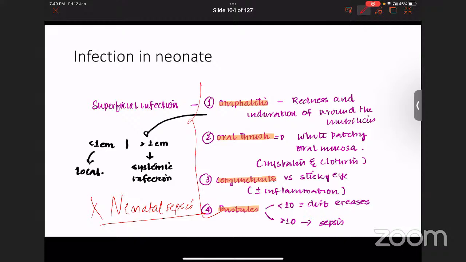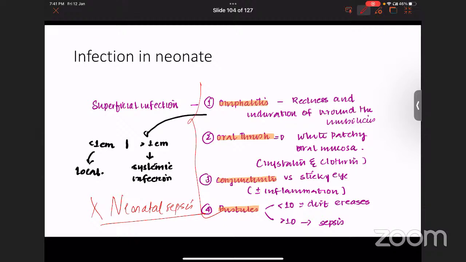If the question asks you to explain neonatal sepsis, never ever write about omphalitis, that is umbilical infection, oral thrush, conjunctivitis, pustules.